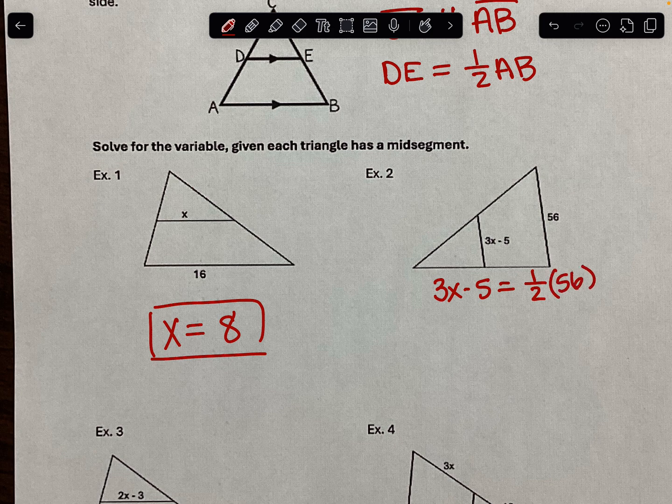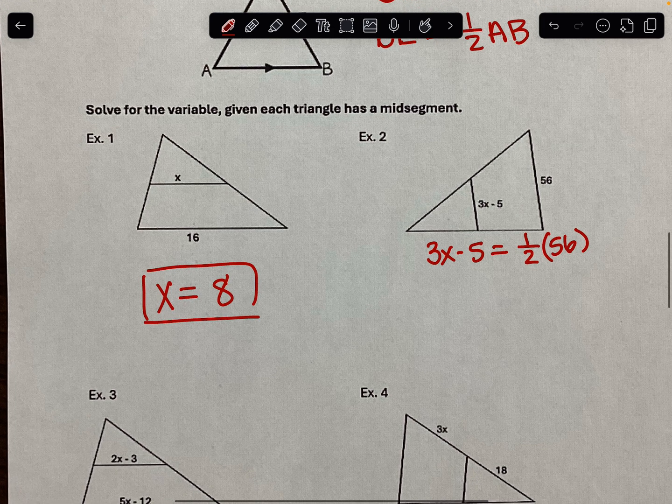Yeah, 3x minus 5, the shorter side, has to be half of the longer side, okay? What's half of 56? 28. So 3x minus 5 is going to be equal to 28. And then I just have 2 steps to solve. What's my first step? Add 5 to both sides. What's 28 plus 5?